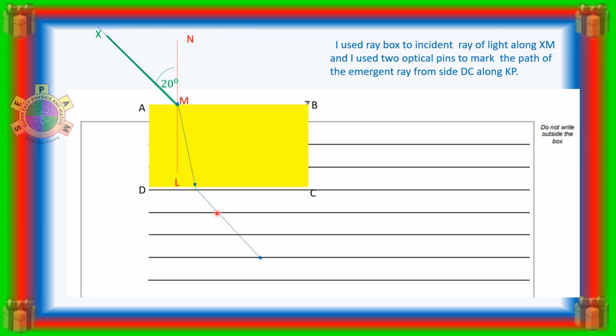At least the distance between the pins should be not less than 5 cm. So use your optical pin, position one here at K, then position the next one at P. Then you can label those points KP.